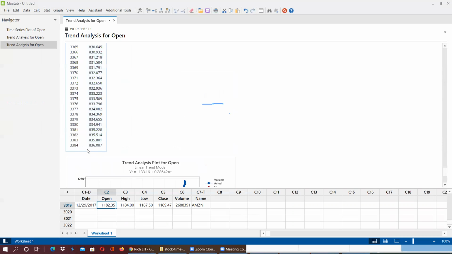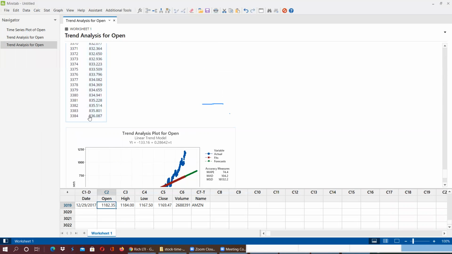So what value did I invest? 10,000. What value am I going to get after 1 year if I use the linear model? 836. Where is my calculator?